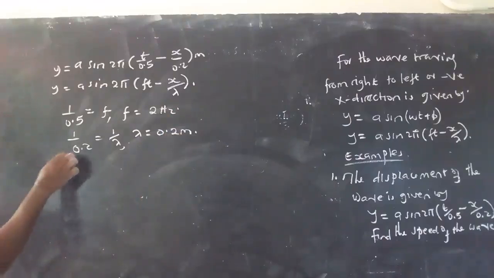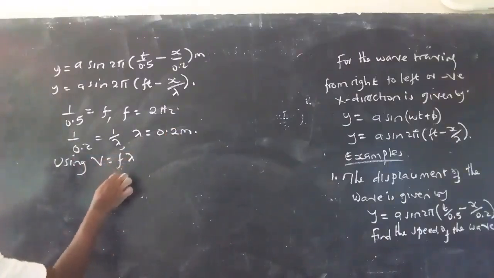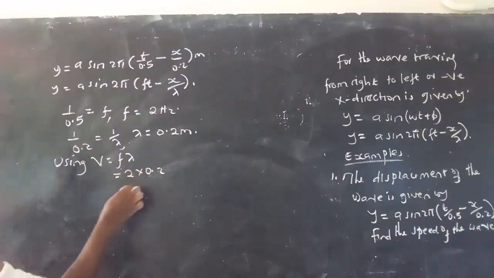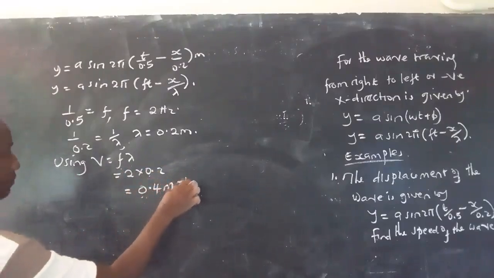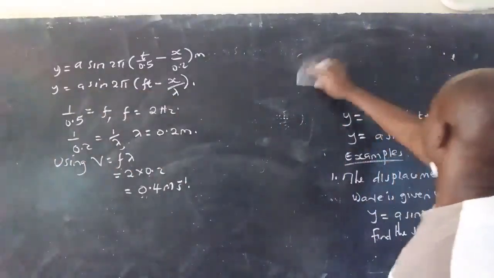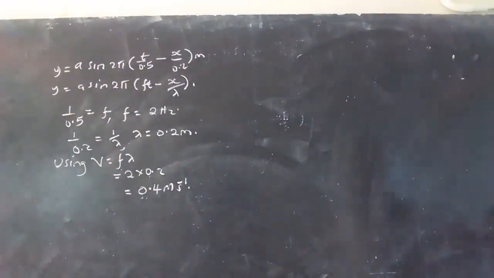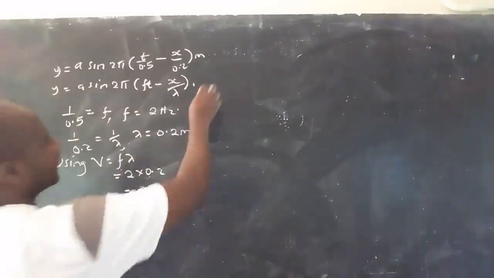So using v is equal to f times lambda, our frequency is 2 times 0.2, which is 0.4 meters per second. That is example number 1.